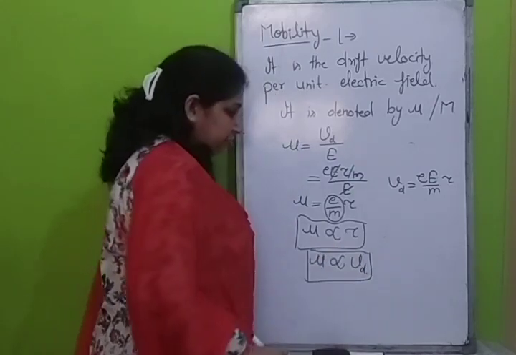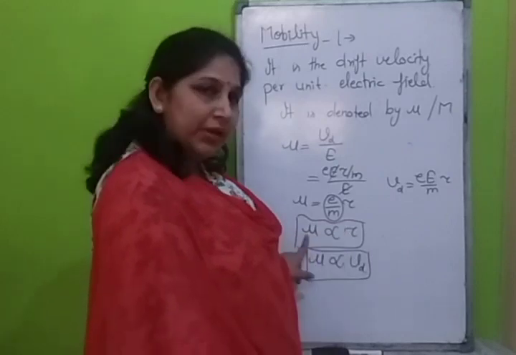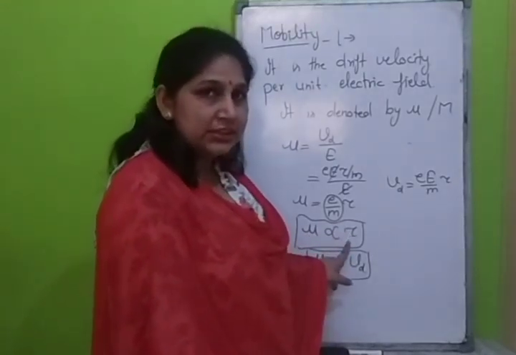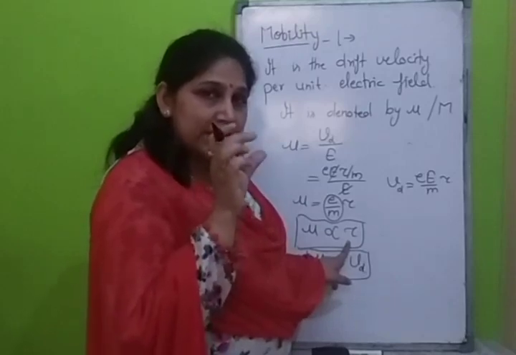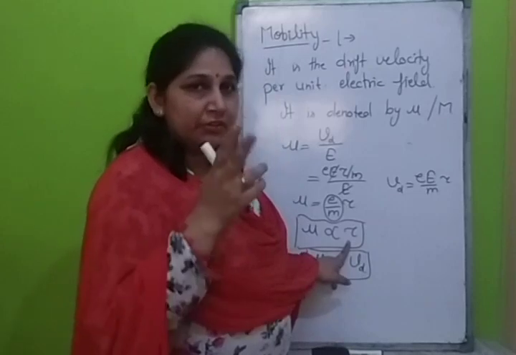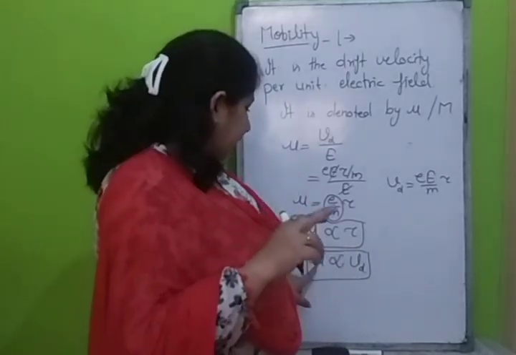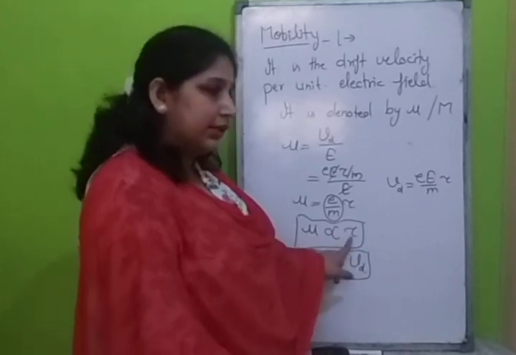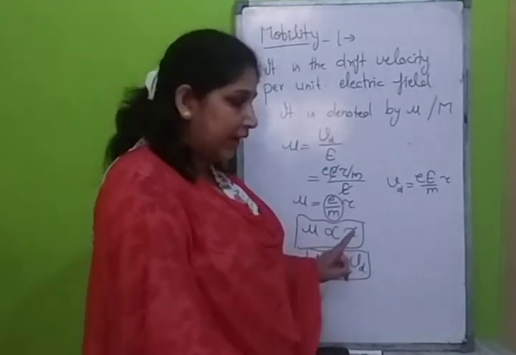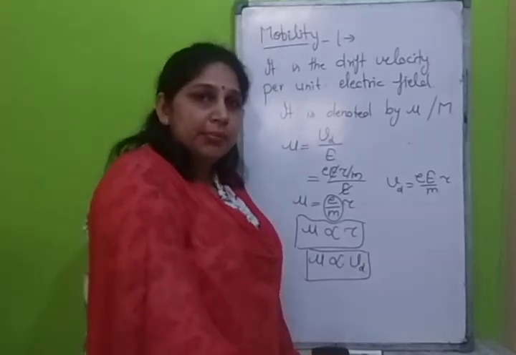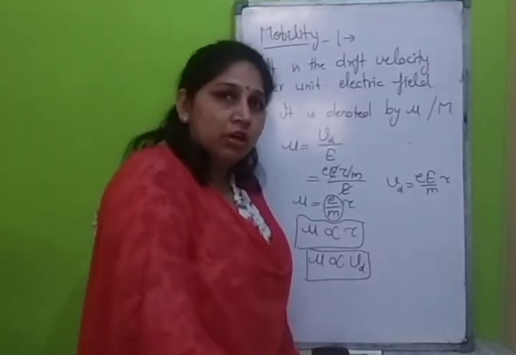The material which has high mobility also has high relaxation time. Means the collision interval is more, more time between two collisions, and so for high mobility, the relaxation time will be high, and also drift velocity will be high, and it is suitable for flow of current.